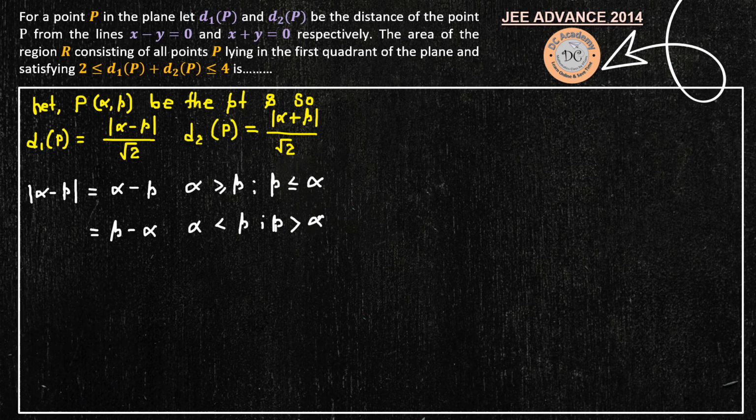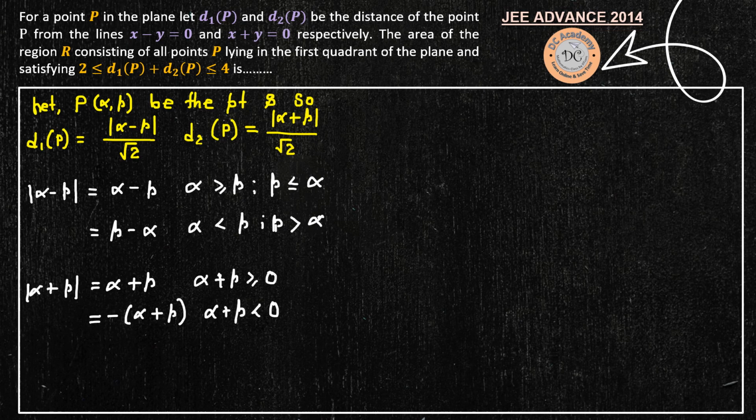Also, for the second expression, mod of alpha plus beta is equal to alpha plus beta when alpha plus beta is greater than or equal to 0, and minus of (alpha plus beta) when alpha plus beta is less than 0.